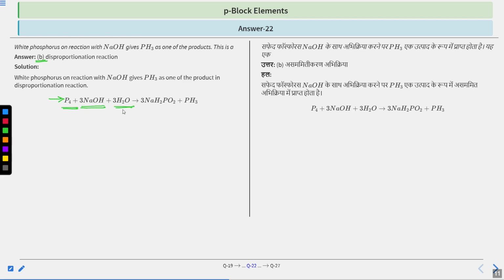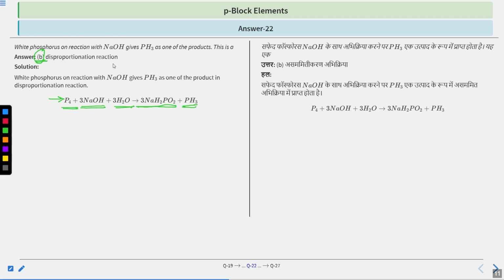On reacting, it gives us 3 molecules of NaH2PO2 and 1 molecule of PH3, which is given in the question, right? So you can see this is the example, or this is the type of disproportionation reaction, and that's why option B is the correct answer, that is disproportionation reaction, right? We have asked the type of reaction it is, so it will be disproportionation reaction.